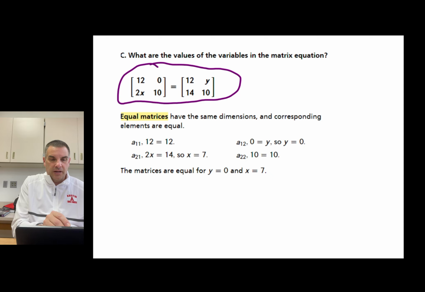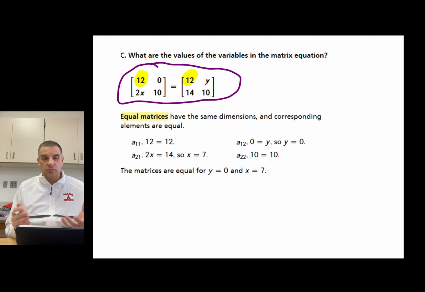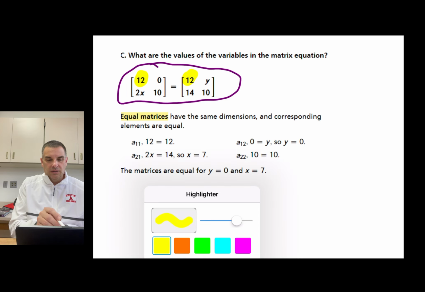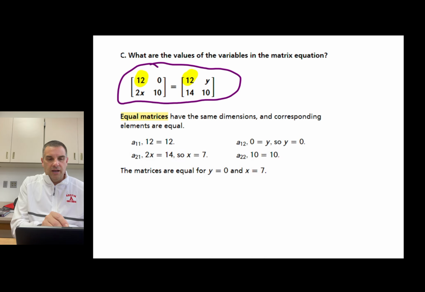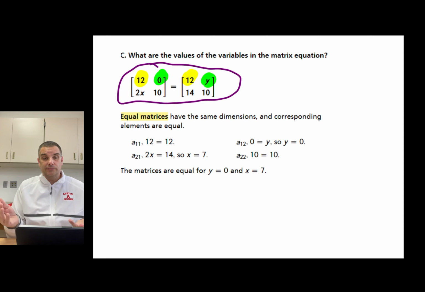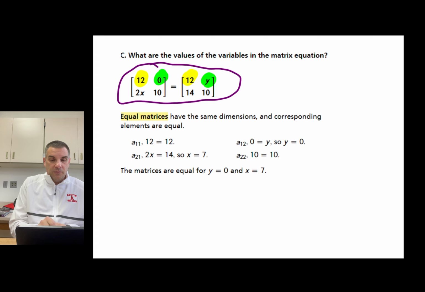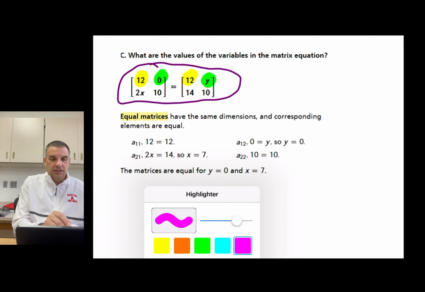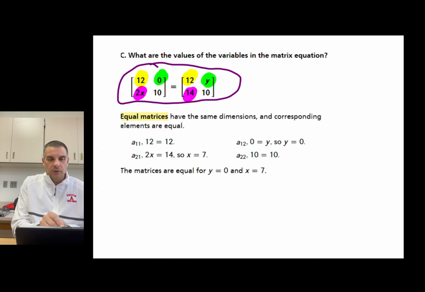So if you look at the corresponding parts in A11 and A11, they're both 12. 12 is equal to 12. Well, A12 is 0 and A12 is y, so we could say y equals 0, right? If we look at A21, it's 2x and 14.